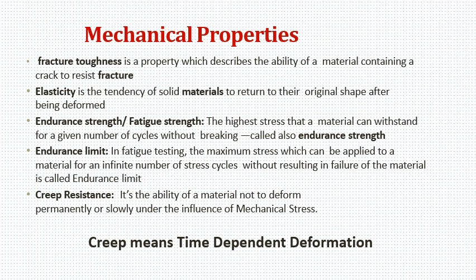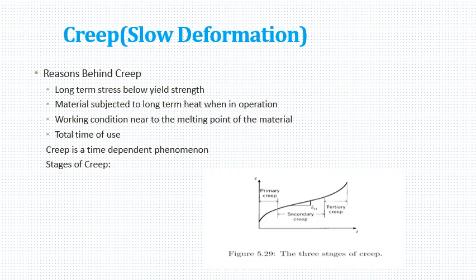Next, creep. It is the tendency of a material to deform permanently and slowly under the influence of mechanical stresses. Creep is mostly long-term strain. Creep means time-dependent deformation. It is based on the mass of the member also. The reasons behind this creep are long-term stress below yield resistance, material subjected to long-term heat in operation, and working conditions near the melting point of the material.